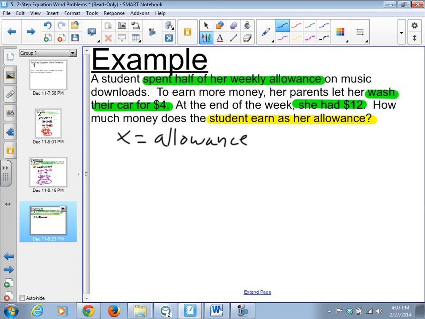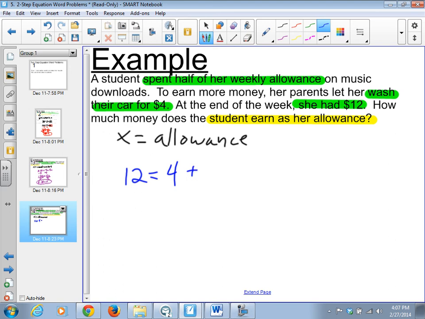So let's figure this out. We know at the end of the week, she has $12 left over. And so part of those $12 was the $4 that her parents gave her to wash their car.